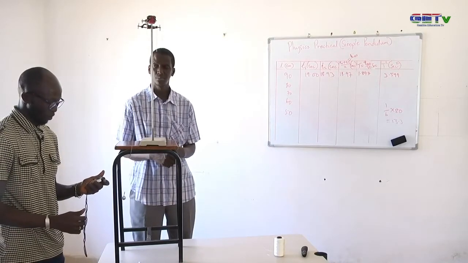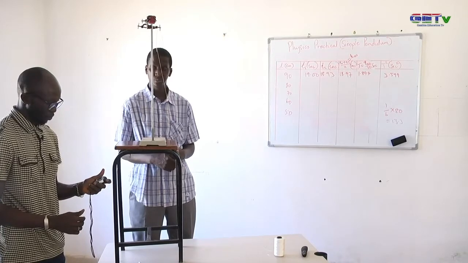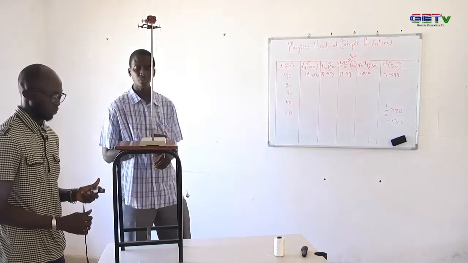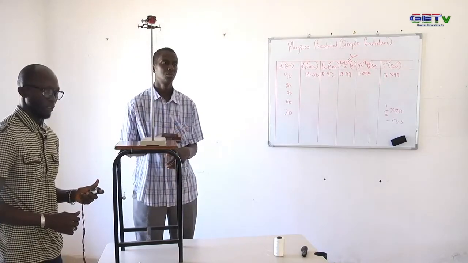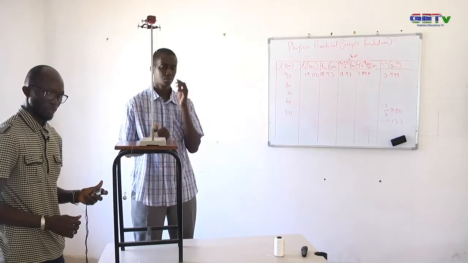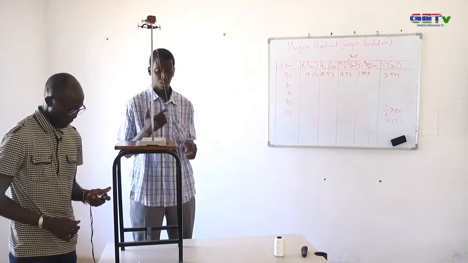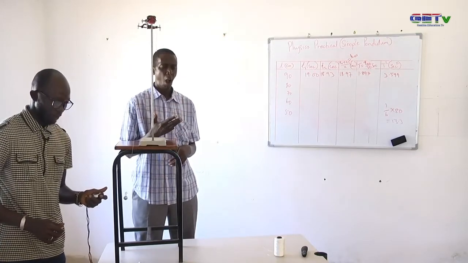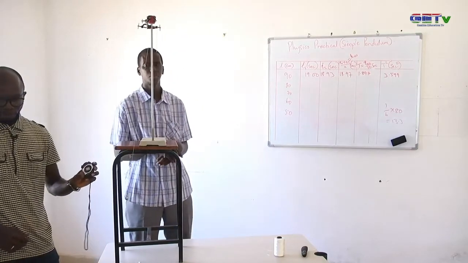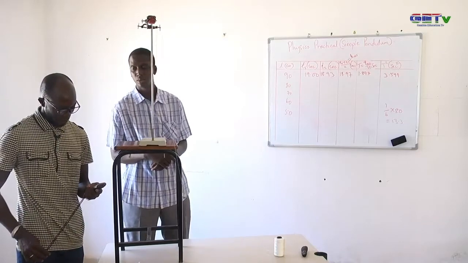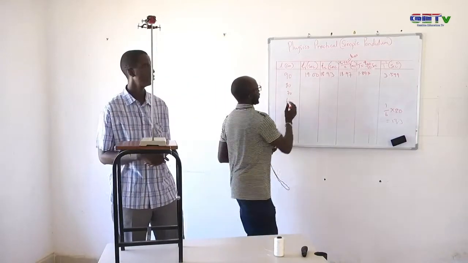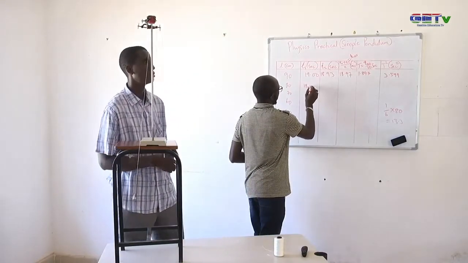I'll count after the count of 3. 1, 2, 3. 1, 2, 3, 4, 5, 6, 7, 8, 9, 10. That is what I have. Now at 10, I have 18.09. So at 80, what we have is 18.09.